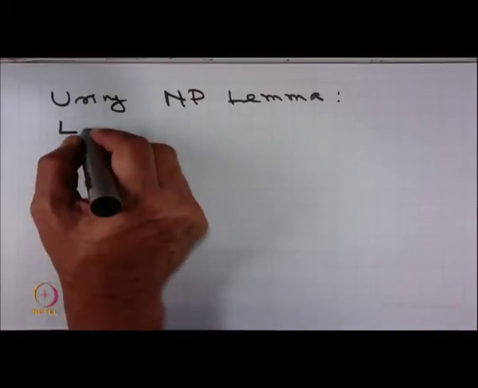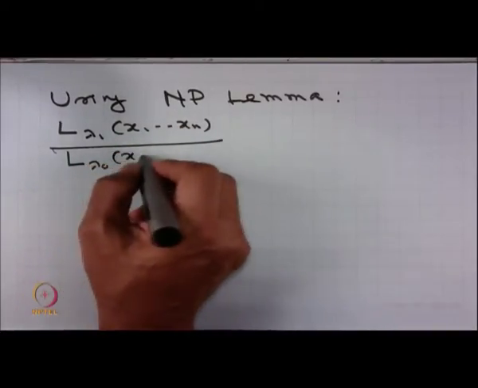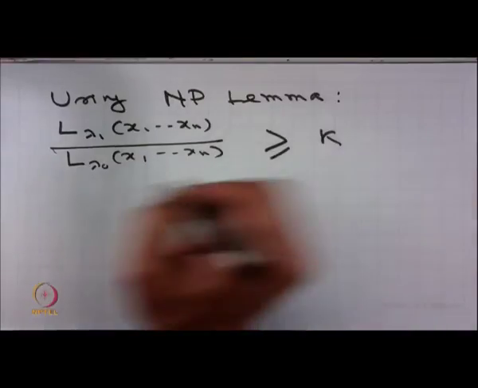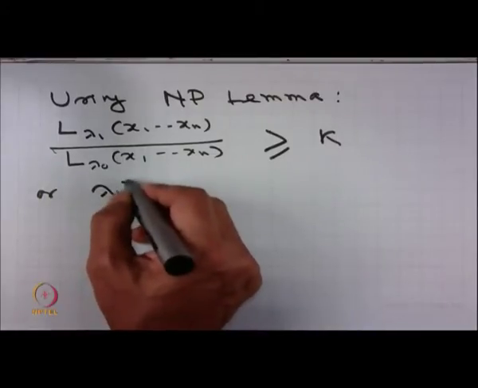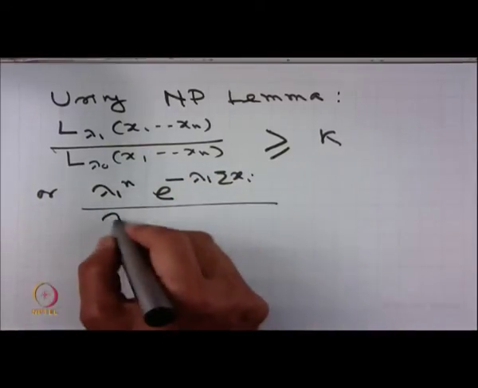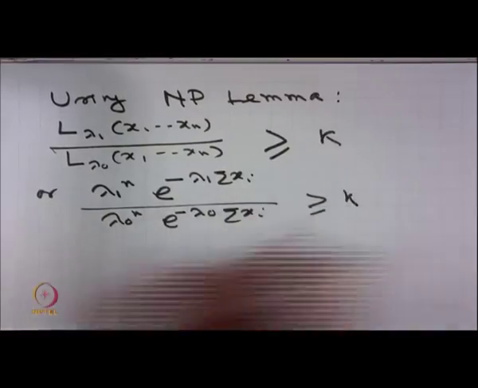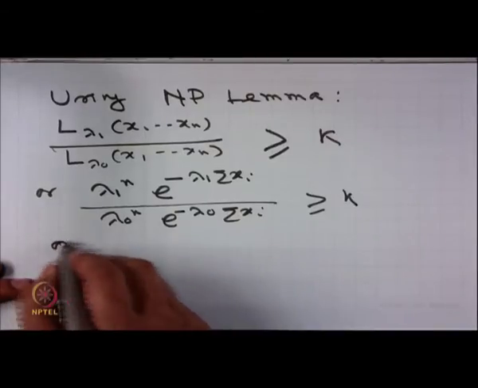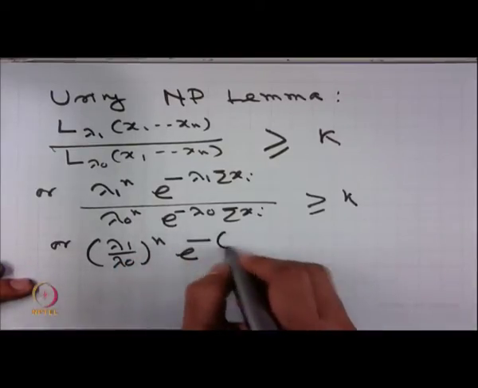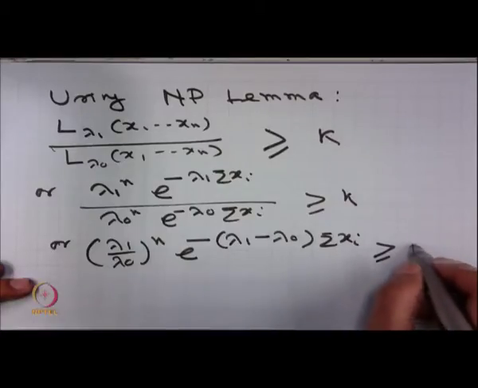L lambda 1 of x1 x2 xn upon L lambda 0 of x1 x2 xn is greater than or equal to some positive constant k, or lambda 1 to the power n e to the power minus lambda 1 sigma xi upon lambda 0 to the power n e to the power minus lambda 0 sigma xi is greater than or equal to k, or lambda 1 upon lambda 0 whole to the power n e to the power minus lambda 1 minus lambda 0 sigma xi is greater than or equal to k.